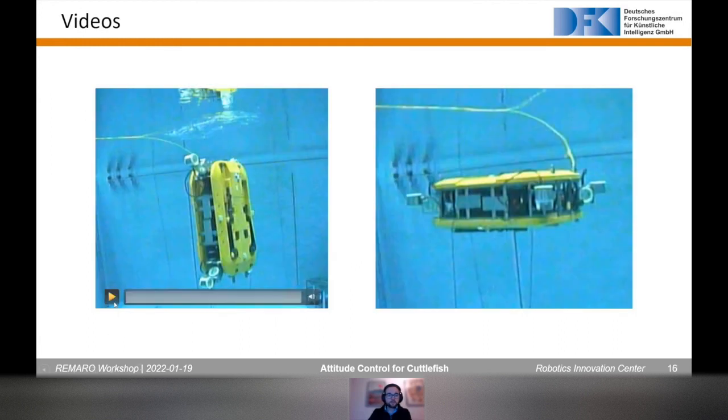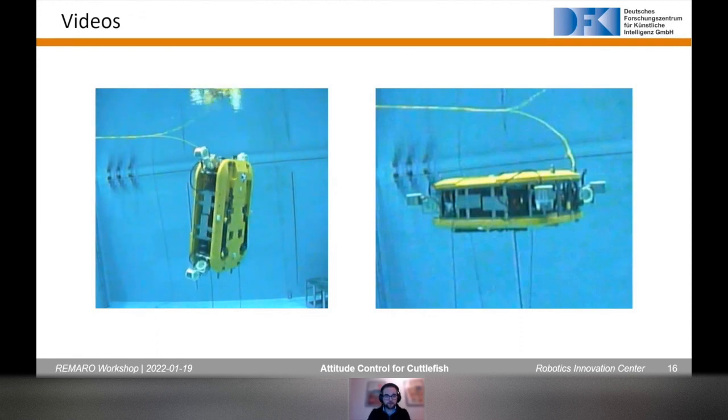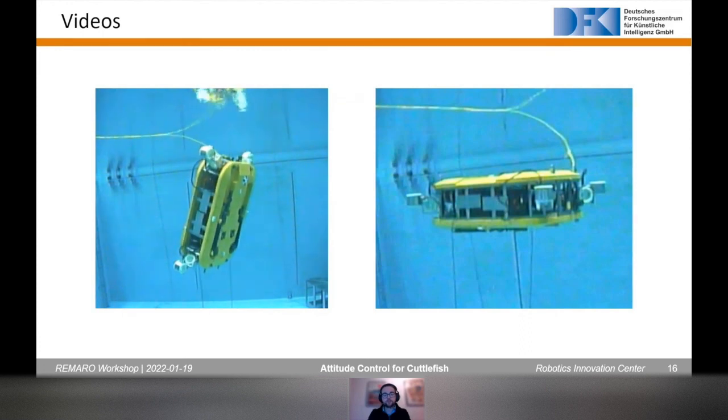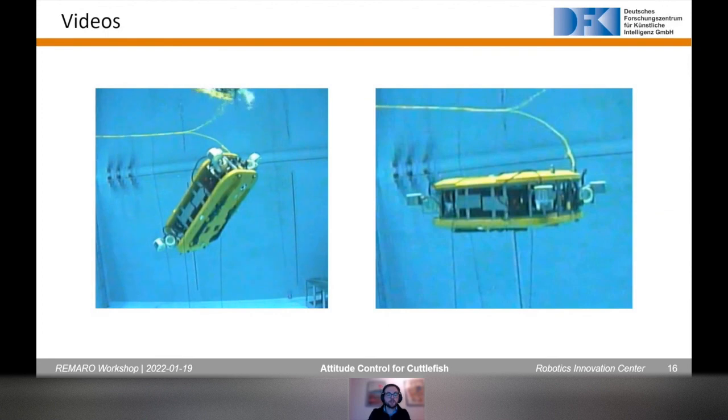Just some preliminary results. We haven't published anything yet, but I can still show you a little bit of the pitch and roll control that we have. What you see here is the vehicle being in vertical position and then being commanded to assume the horizontal orientation.